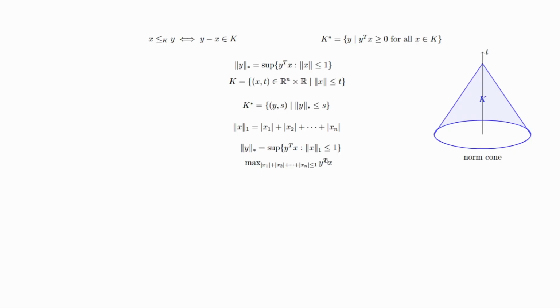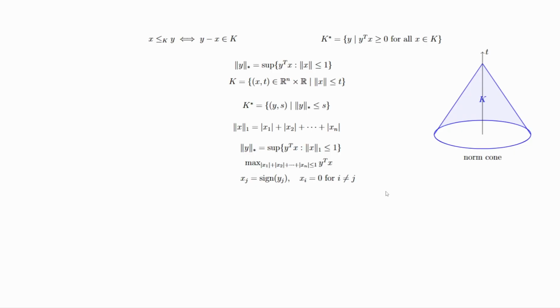So notice that when only one component of x is 1 and the others are 0, then this condition holds. And when y has a maximum component, then we want to multiply this by the biggest number we can, which is 1, to maximize the dot product.